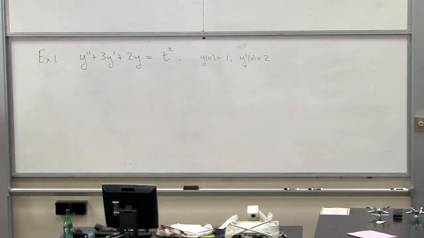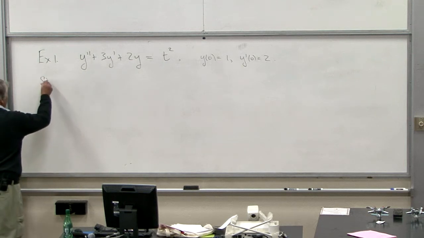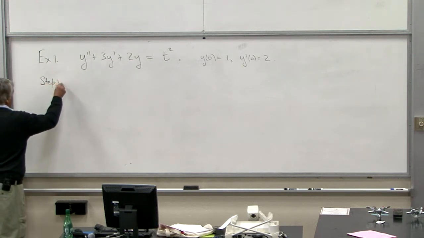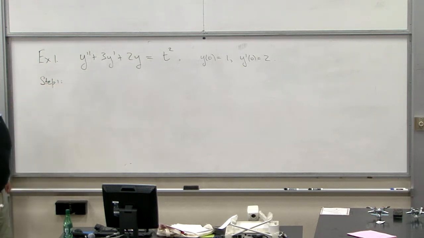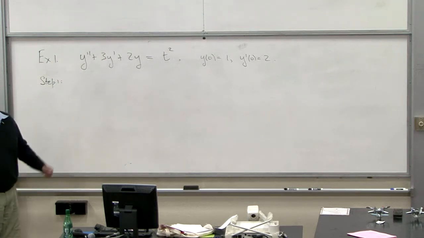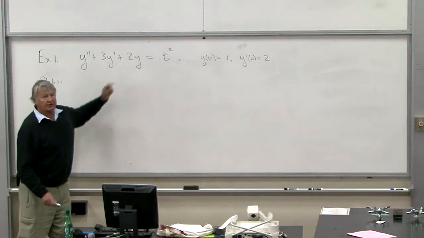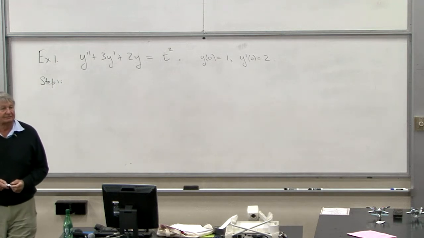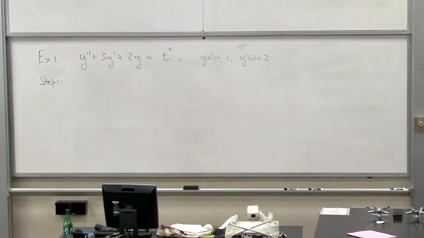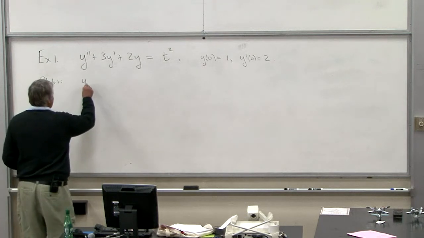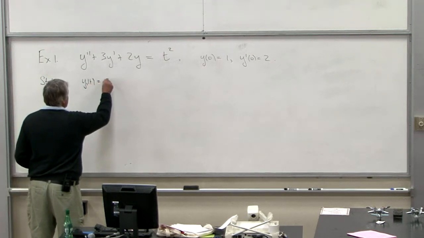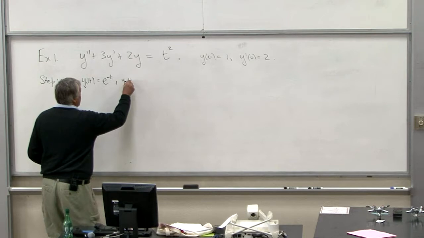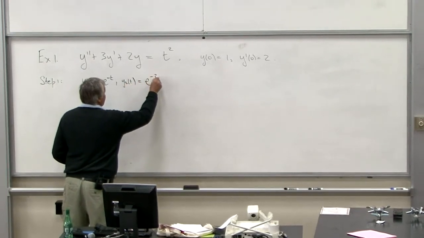Okay, step 1. All right, birthday boy who's asleep, what are the two solutions of the homogeneous equation? Right, good. y1 of t is e to the minus t. y2 of t is e to the minus 2t.